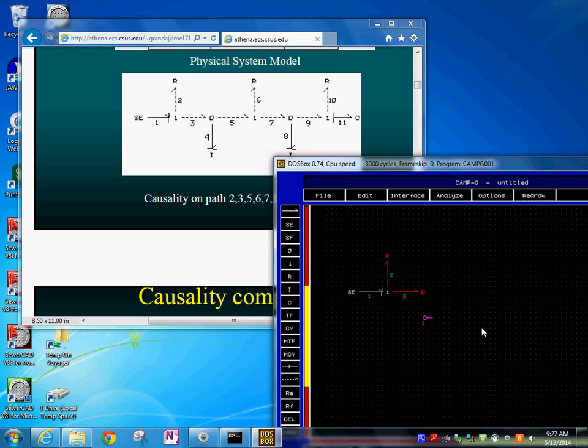See here? First it was red. Now it completes this, and it looks okay again, because CAMG calculates the causality and the power flow as you enter it.